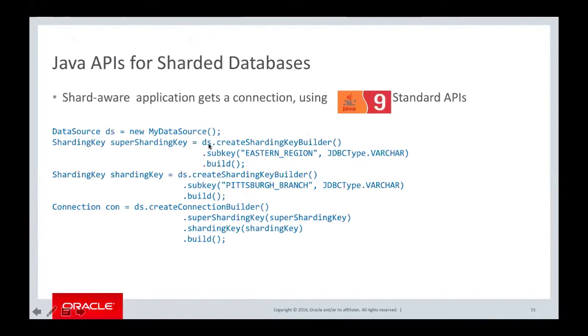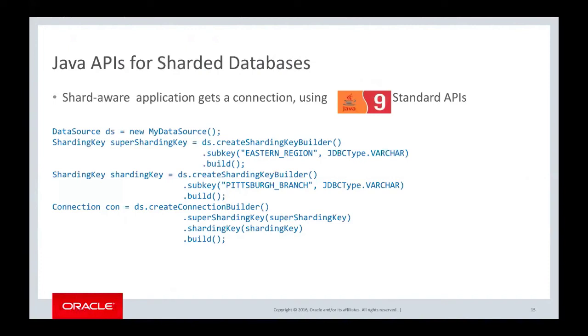You need to produce a sharding key. And if your shards are also split by region, you need what is called a super sharding key. So super sharding key could be region, for example, EMEA, APAC, North America, or Latin America.